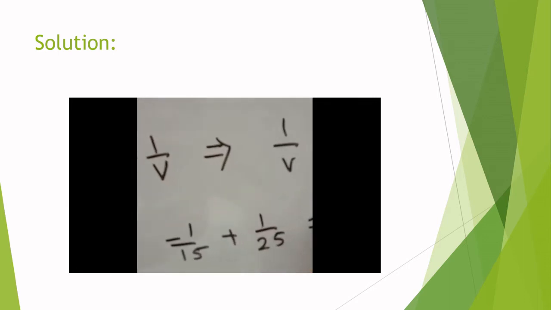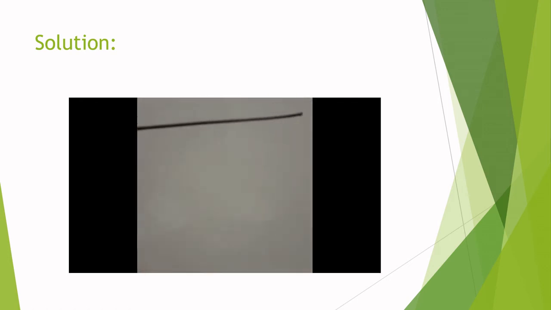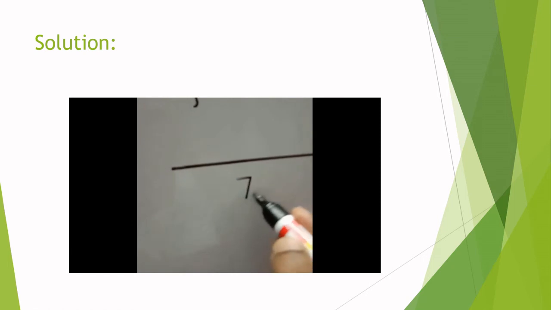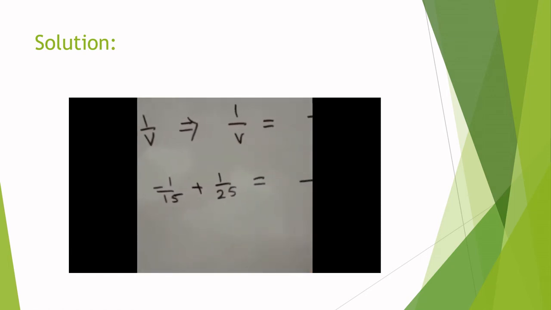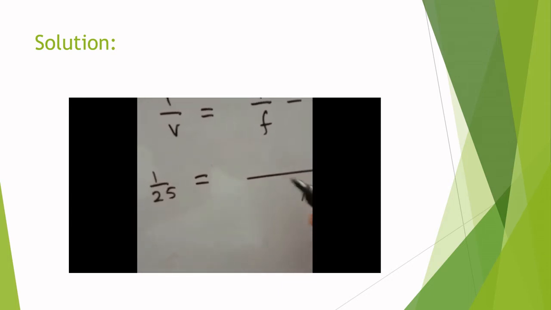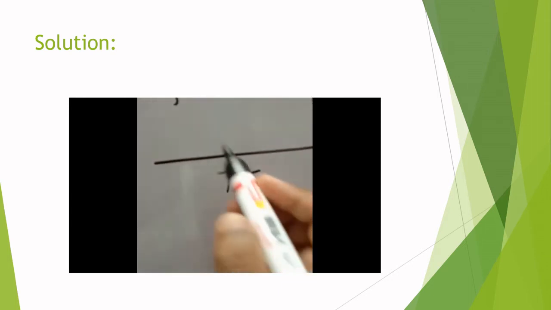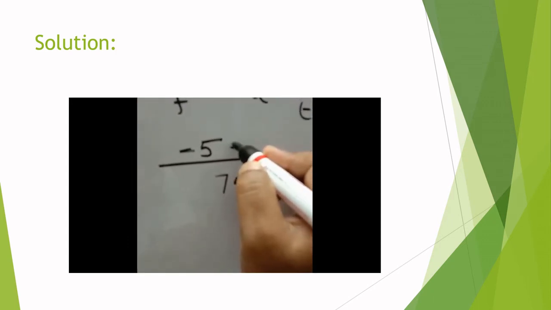LCM of 15 and 25 is equal to 75. So write 75 here. 75 by 15 is 5, 5 into minus 1 is minus 5. Then plus 75 by 25 is 3, 3 into 1 is 3.